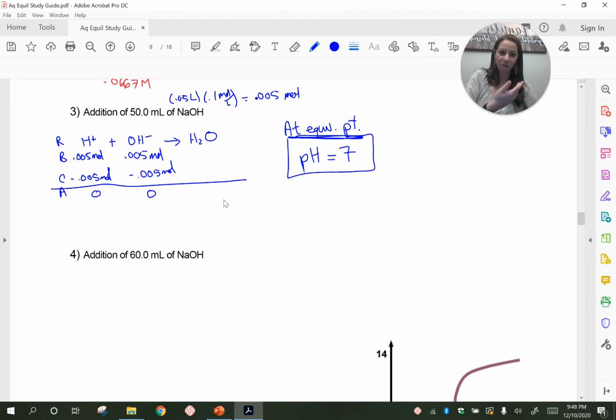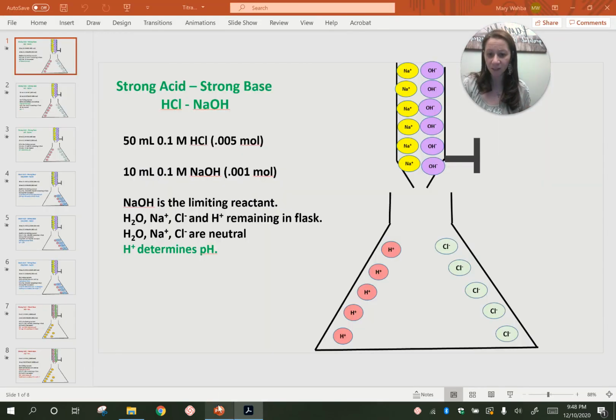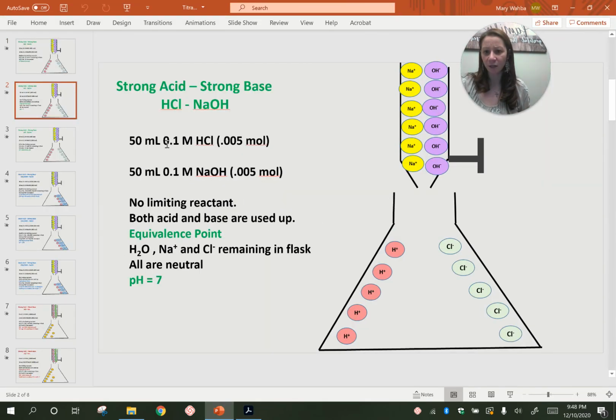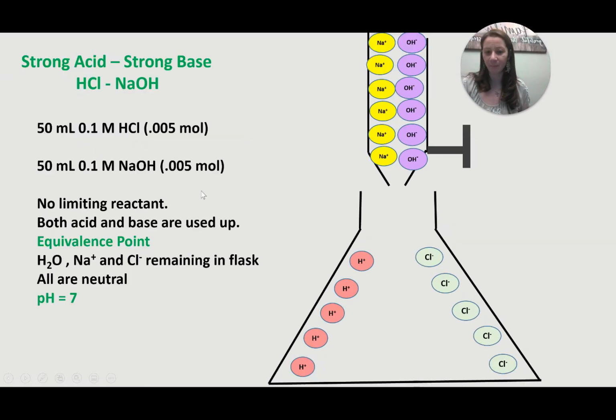And again, NaCl in this case, which is neutral, and so your pH is 7. This is not the case if you're doing a strong acid, weak base, or a weak acid, strong base, or a weak, weak. So it's only a pH of 7 at the equivalence point if it's a strong acid and strong base.